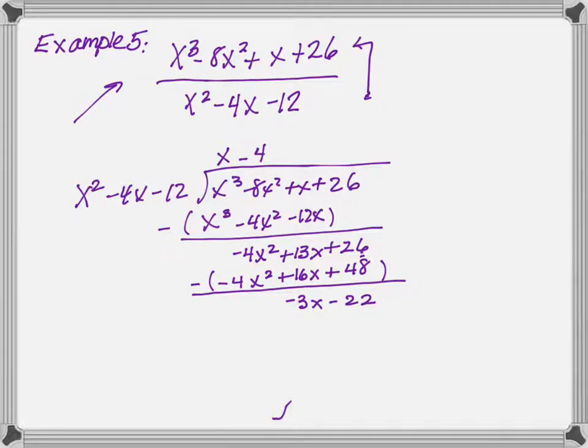So what you get is x minus 4, plus negative 3x minus 22 over x squared minus 4x minus 12.